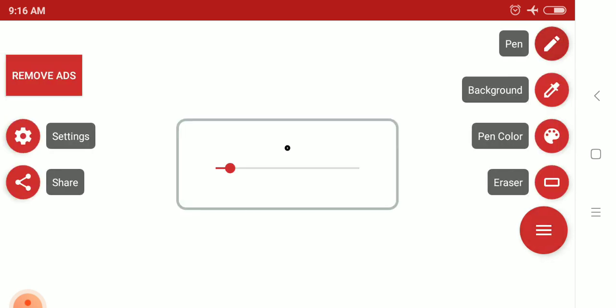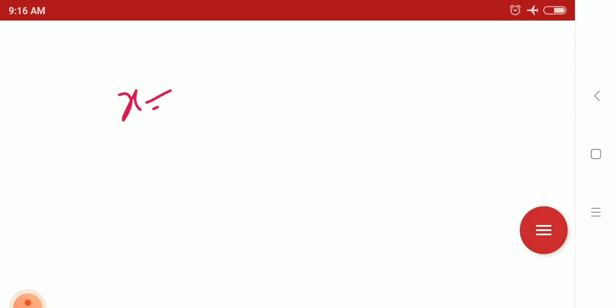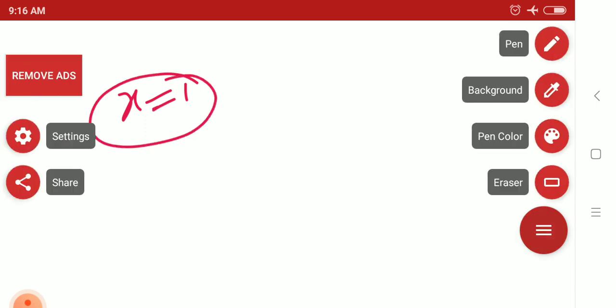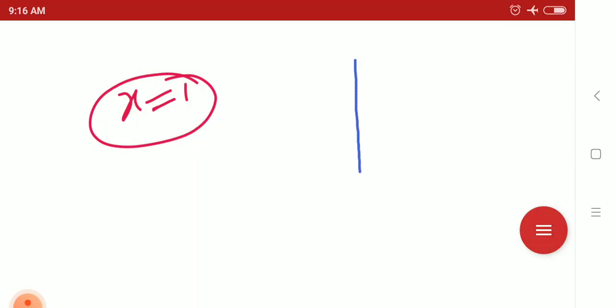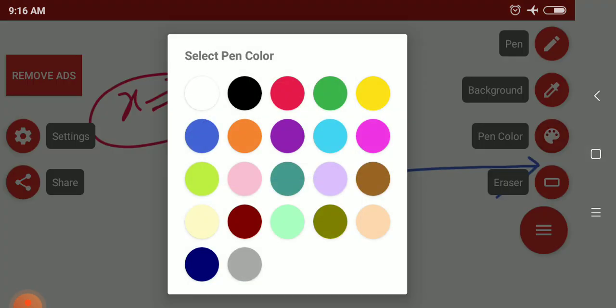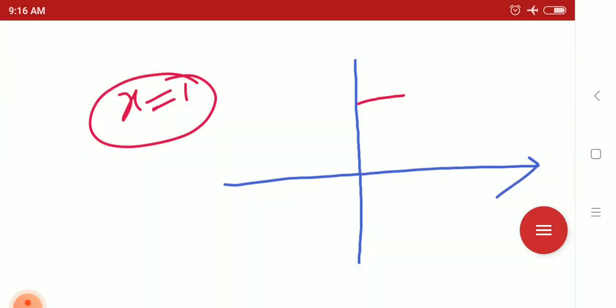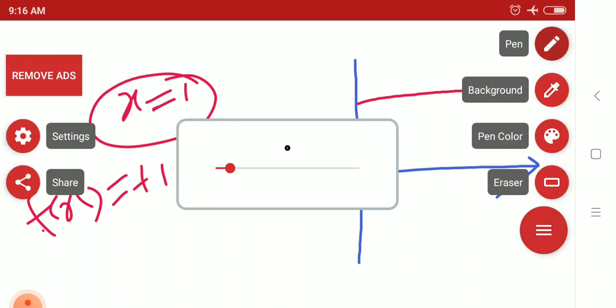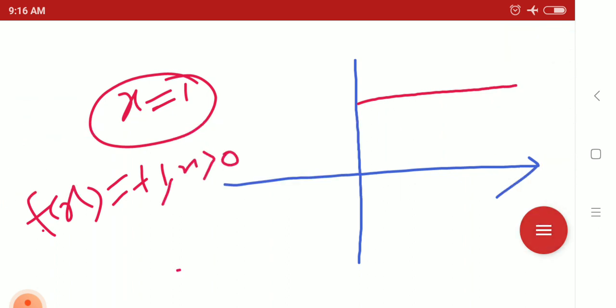But if we draw this graph for the point x equals 1, what will we get? f of x equals plus 1 for x greater than 0 and f of x equals minus 1 for x less than 0.